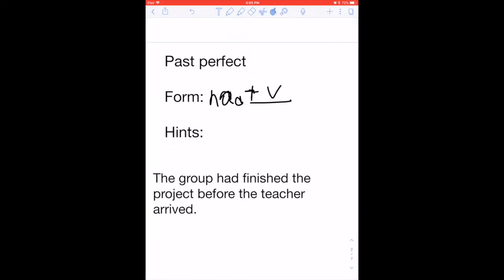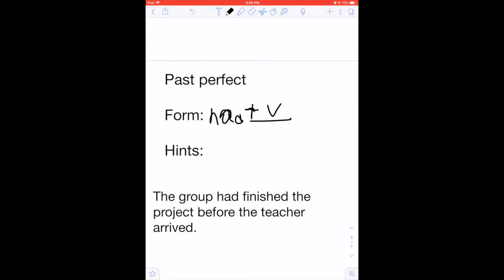So had plus some verb. So it's like had experienced, had faced, had finished something. So basically, this indicates an action that happens before another past action. So whenever you're using a past perfect, there should be another past tense in the same sentence.